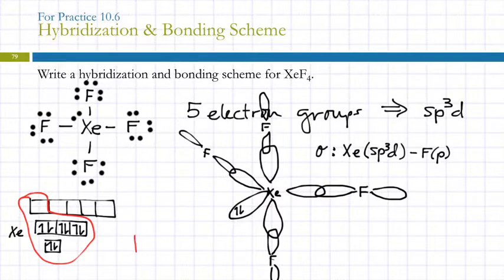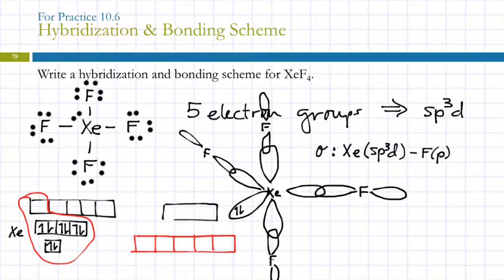So that's going to give me 5 degenerate orbitals. And those d orbitals are still there. They're just empty. It's like the hotel rooms. They're still there. They just don't have anybody in them.